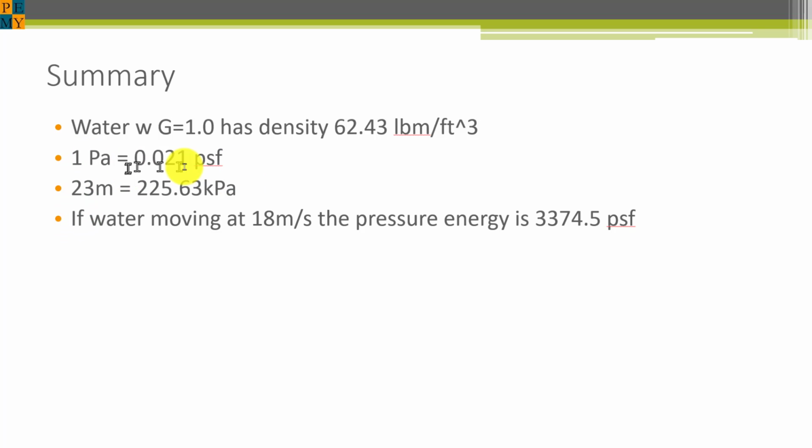This is not necessary to remember, but we're going to use these values in the next module. 23 meters worked out to 225 kilopascals. And then if you have water moving at 18 meters per second, the pressure that's represented by that moving kinetic energy is 3374.5 PSF.